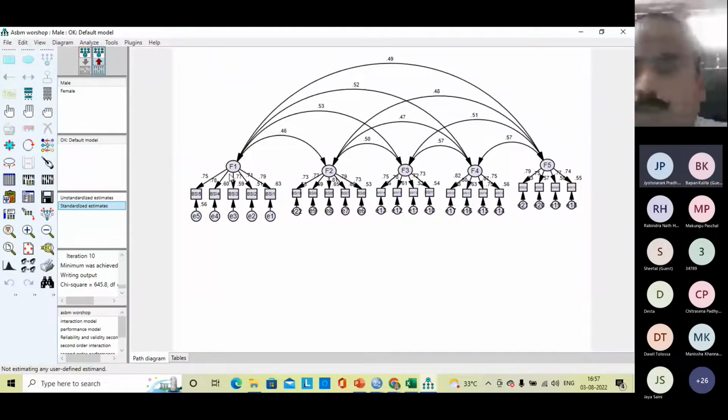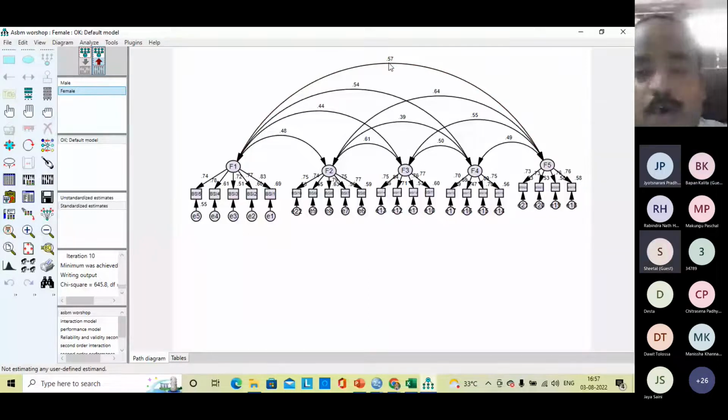The F1 to F5 covariance is 0.49 for male. And let us go to the female. Now look at here, 0.57. For male it is 0.49, for female it is 0.57.